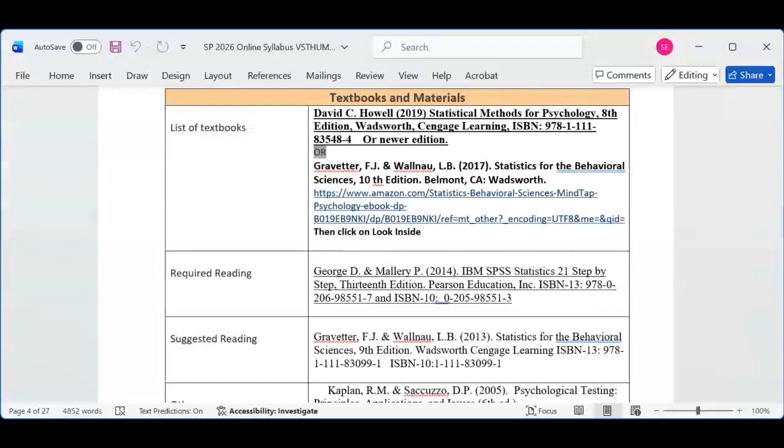Even though this is not a research class, it's statistics, once we talk about all these statistical procedures, you will probably have some idea about how to conduct the research, how to implement your knowledge into your quantitative research.